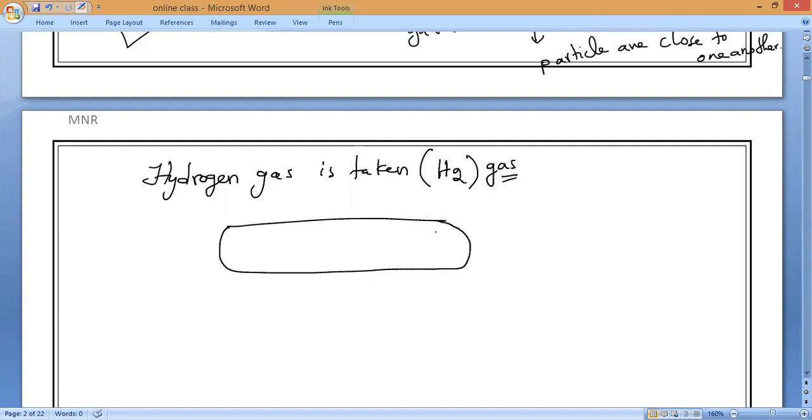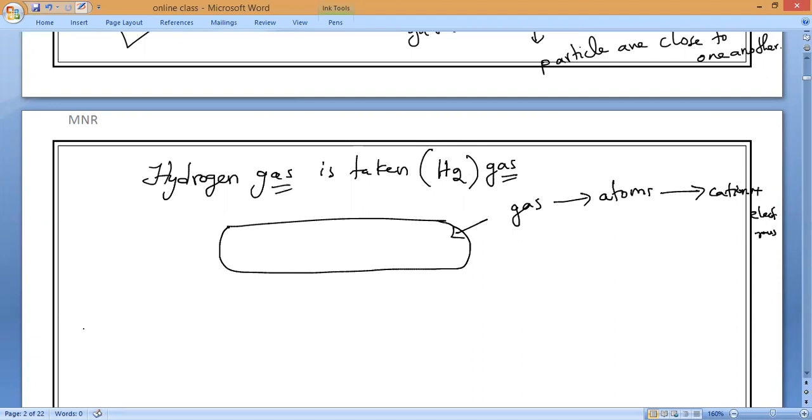If you take any kind of gas, first the gas will break into atoms, and the atoms then break into cations plus electrons. Clear? That is for a normal gas.